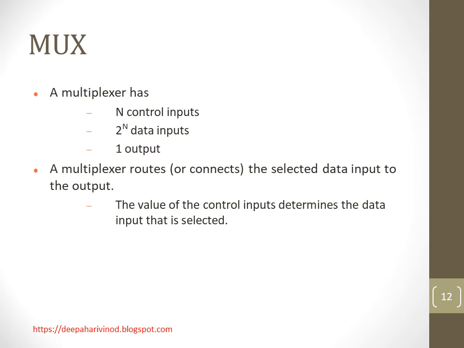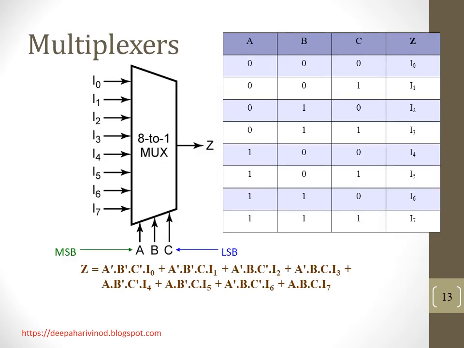The main objective of the multiplexer is to select one signal from a group of 2 raised to n inputs to be an output on a single output line. Now let us see the corresponding circuits related to this. So here we can see the MUX.